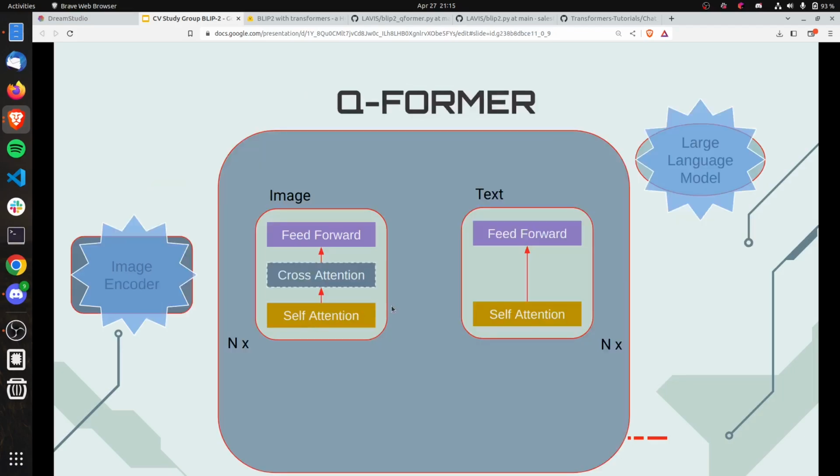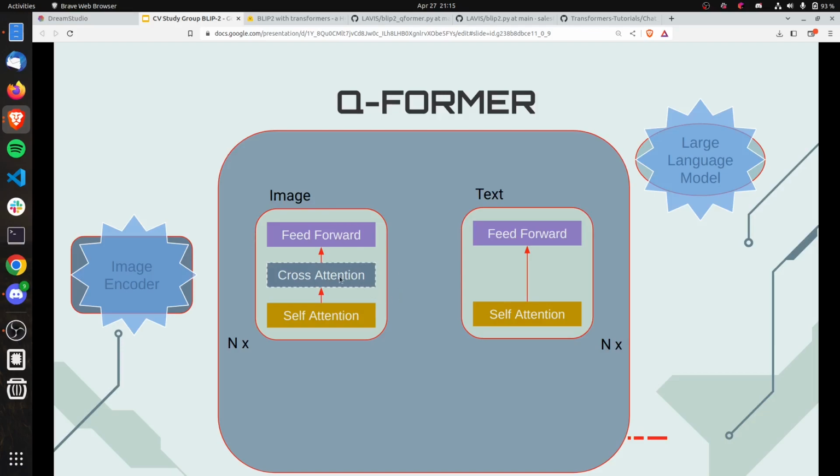And we can have a closer look at this Q-Former, of course. Here we see again our two frozen things at the side, and in the middle is the Q-Former. The Q-Former actually consists of two transformers: one image transformer and one text transformer. And these are the layers, basically. Each layer of the image transformer is a self-attention layer, cross-attention, and feed-forward.